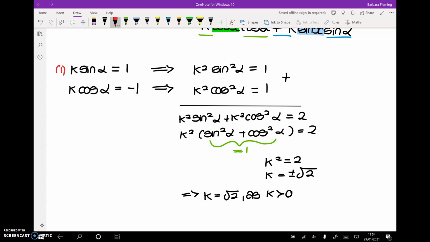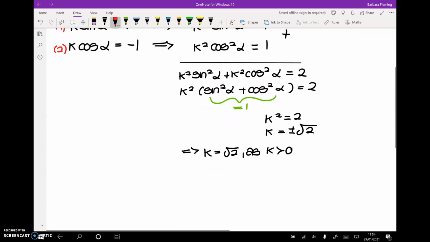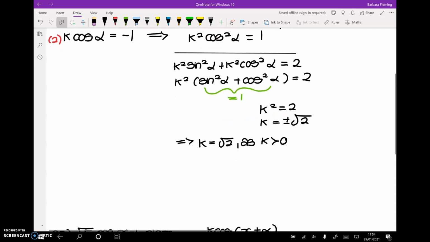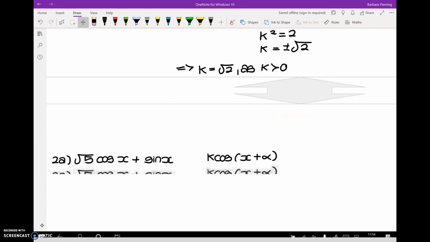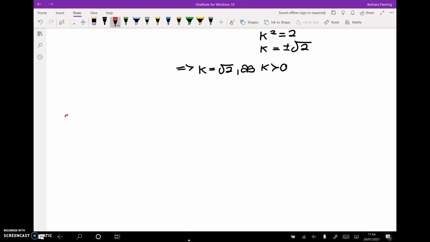Then we go down here and look at these two equations, subbing in k now. The first was root 2 sin alpha equals 1. We know that sin alpha equals 1 over root 2, and the acute angle there is an exact value.